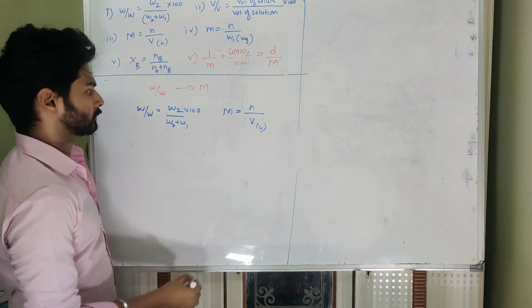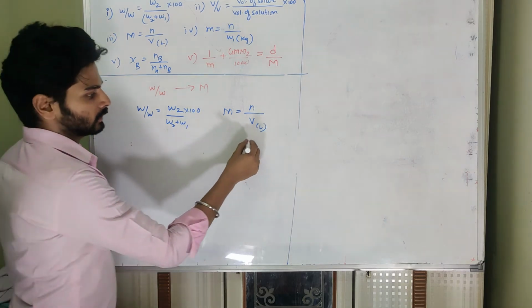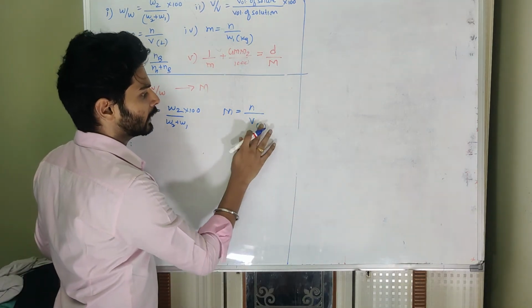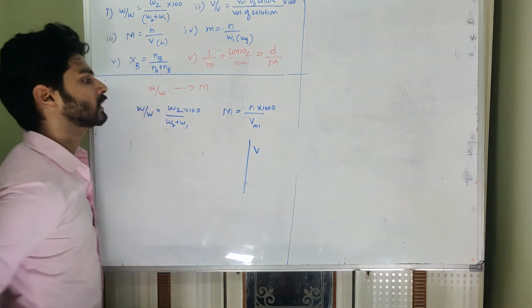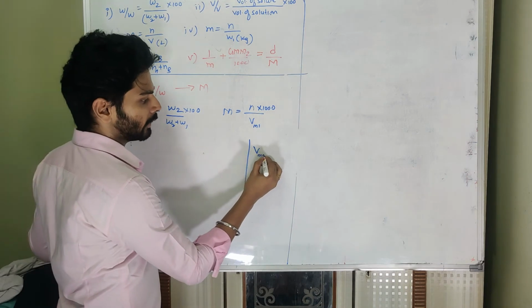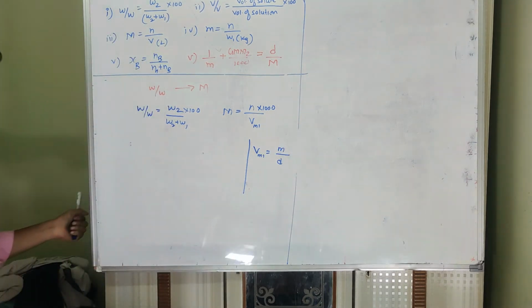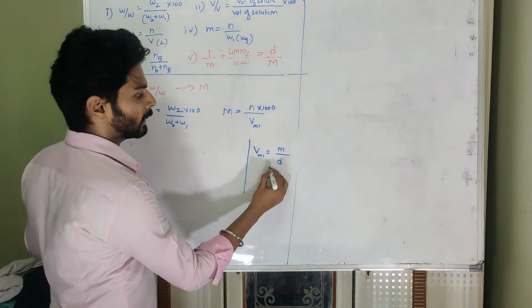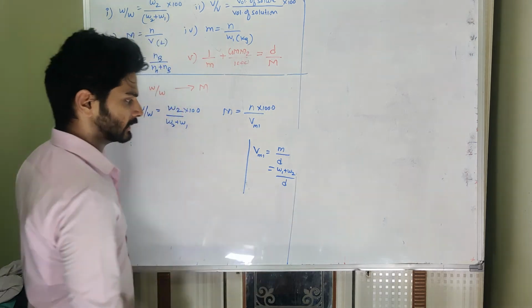Now I will write volume as, let me take this for particular volume in ml, and I am dividing with 1000. That will become like this. So volume in ml, that means what? Mass upon density. So mass of solution is actually W1 plus W2 divided by density.